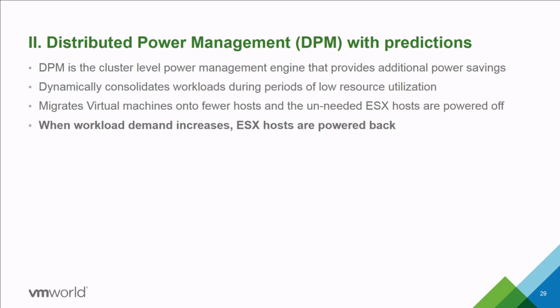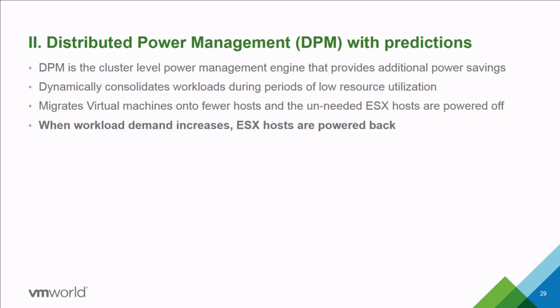So this whole process takes some time after the workload demand increases, because it has to react to it and then power on the host. During this brief duration, if the contention or imbalance that happened in your cluster is large, it could potentially impact application performance as well.